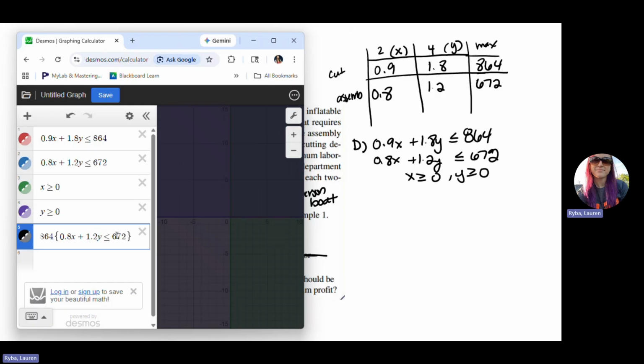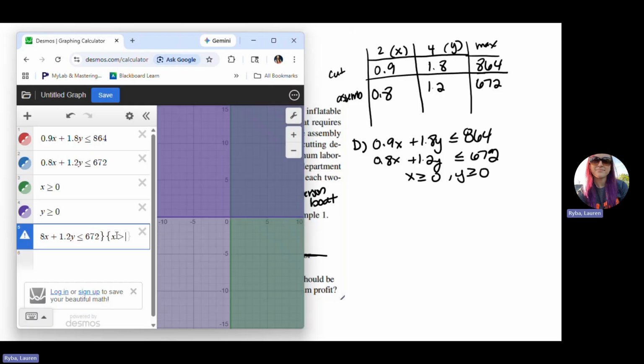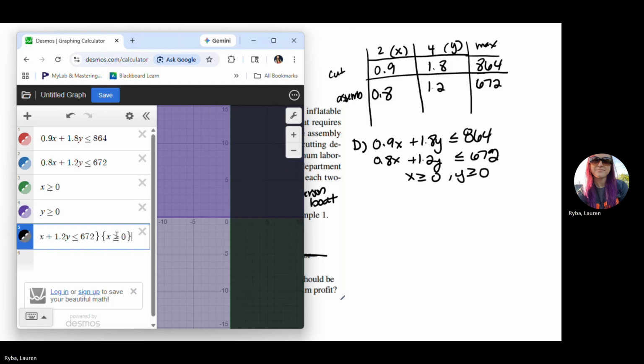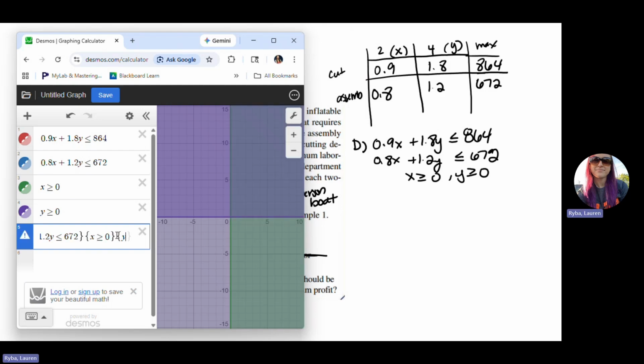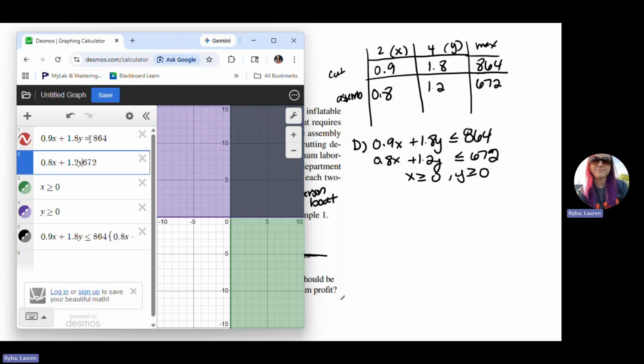So Control V, X greater equal 0, Y greater equal 0. So I like to do that first so that I can then go back and just change these to the line form so that I'll be able to find my corner points.